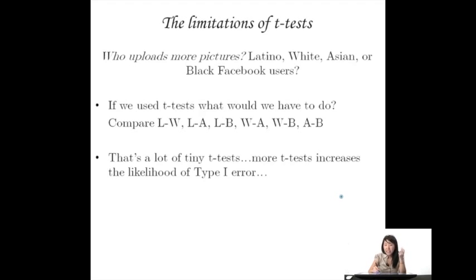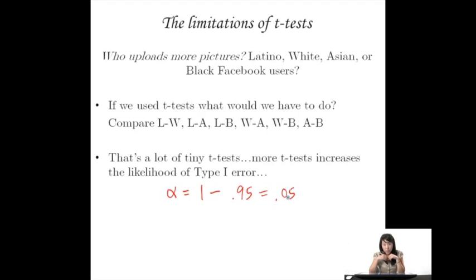And really, the more T-tests you do, that increases your likelihood of type 1 error. Previously, to calculate type 1 error, we looked at 1 minus the probability that you would be correct, right? So 1 minus the probability of being right. And that was something like 0.05, let's say, right?